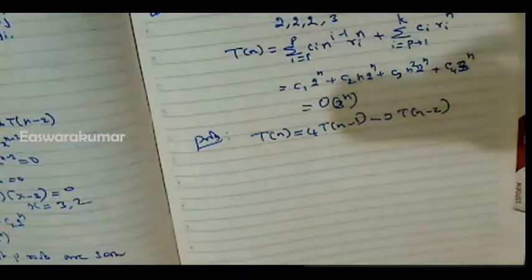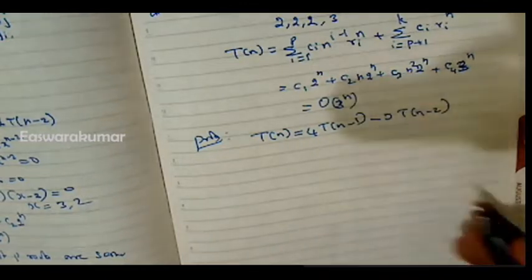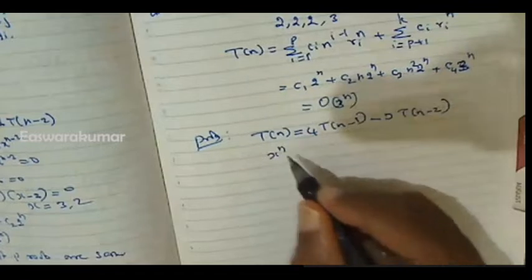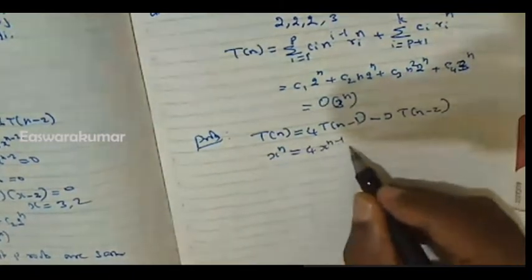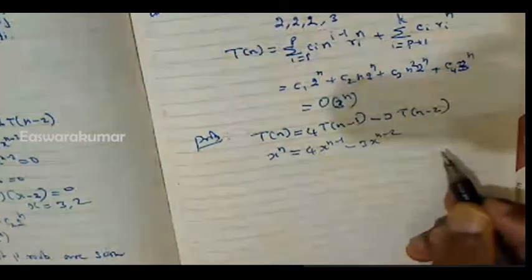Then what you have to do is convert it into a polynomial. I can write it straight, but for clarity I am writing some steps. To convert into a polynomial, we say x power n is equal to 4x power n minus 1 minus 3x power n minus 2. So this is what we get.